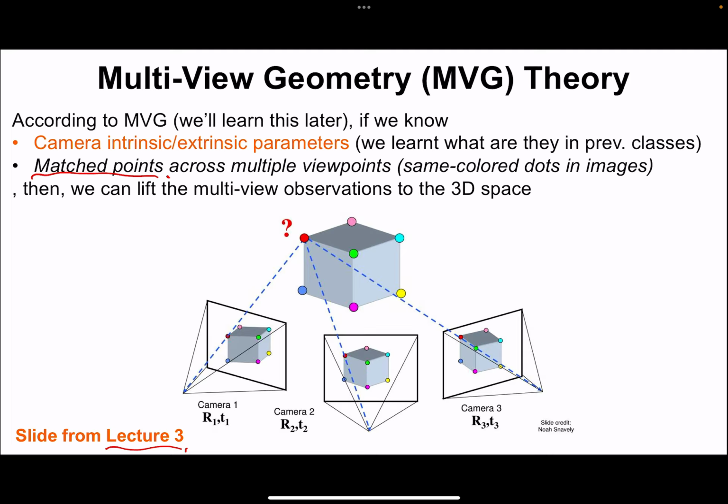That is about matching between images. Another ingredient for 3D lifting is the camera intrinsic and extrinsic parameters. We only learned the basic definition of them in maybe the second class. Today we will learn how we can get them, and that is camera calibration.